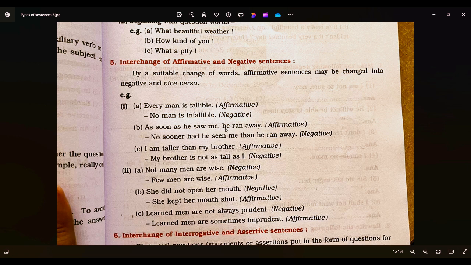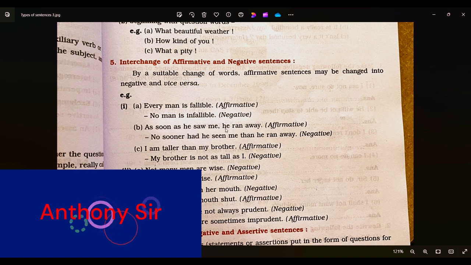Number one, because you are making it negative, you have to add negative words like no, not, never. Or when you are making a sentence from negative to affirmative, you are supposed to remove those negative words and change one of the other words. It can be a noun, a verb, or an object also. You have to change it and write the opposite word.